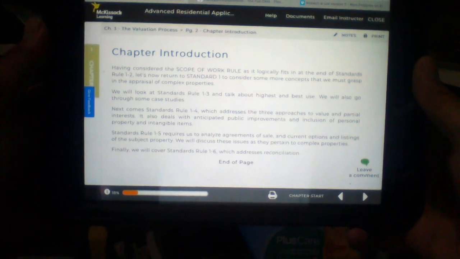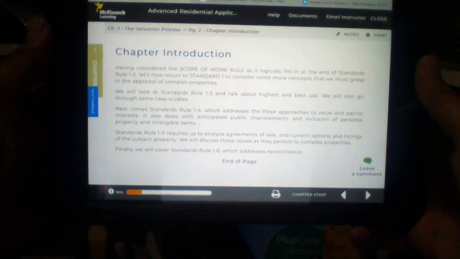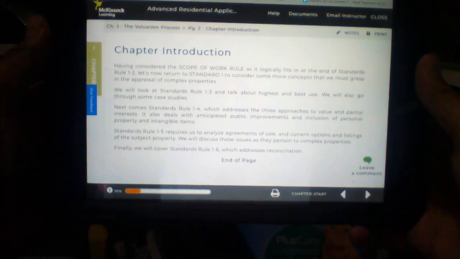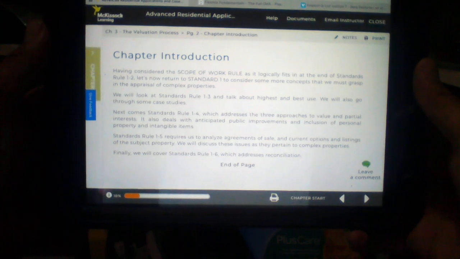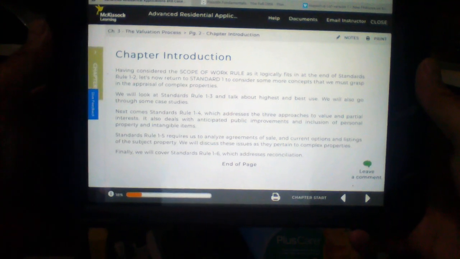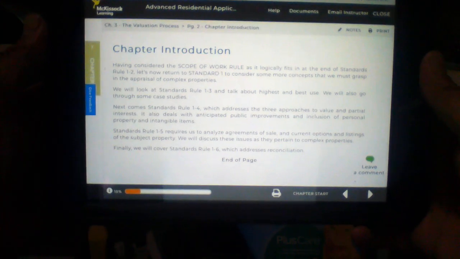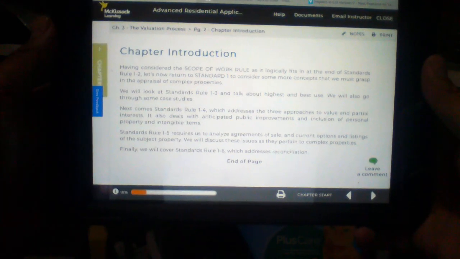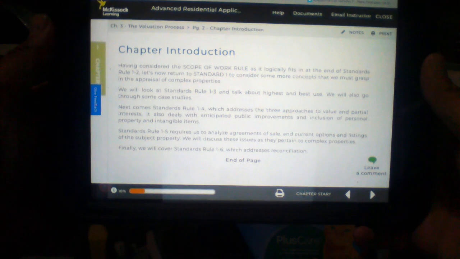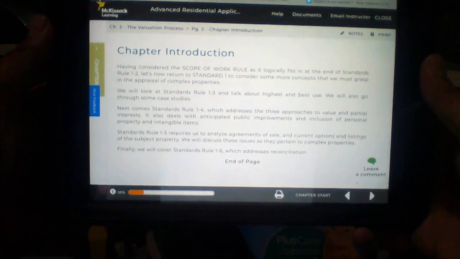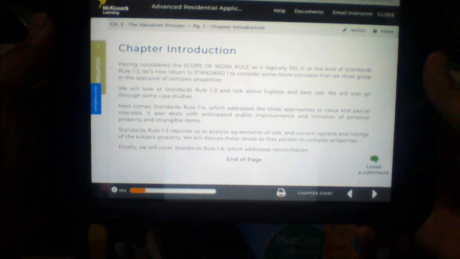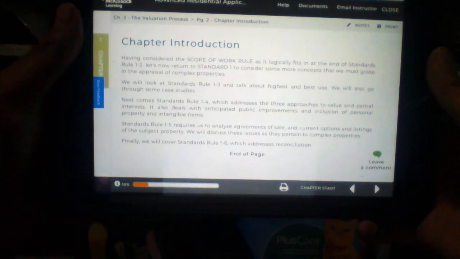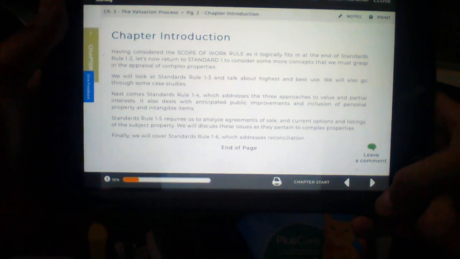Standards Rule 1-5 requires us to analyze agreements of sale and current options and listings of the subject property. We will discuss these issues as they pertain to complex properties. Finally, we will cover Standards Rule 1-6, which addresses reconciliation. End of page.